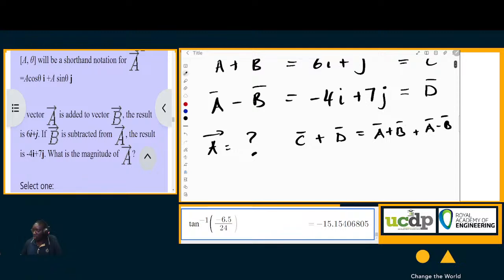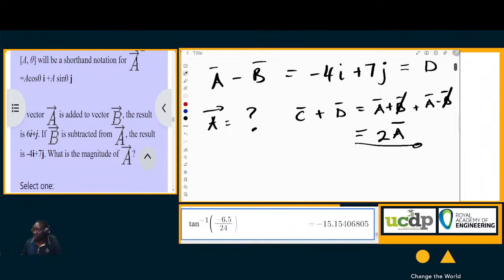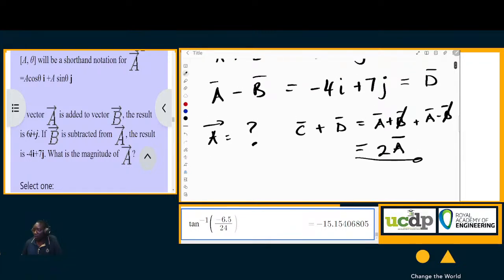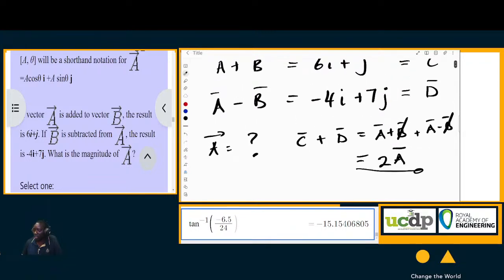Vector b minus vector b will cancel out because they're in opposite directions, and that leaves us with 2a, 2 times the vector a. So half of c plus d gives us vector a.